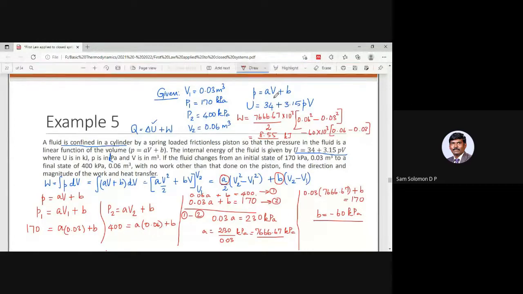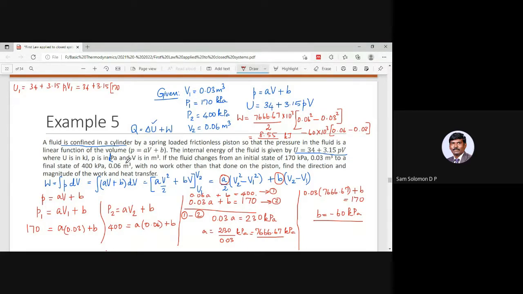Okay, so what is the second part of the problem? The second part of the problem is to get the internal energy. So you can use U1 is equal to 34 plus 3.15 P1 V1. This is a similar kind of thing which I asked you to do on your own, but none of you have done it. So this is 34 plus 3.15 multiplied by P1, which is 170. The 10 to the power 3 is not needed because you can just take it in kilopascal.